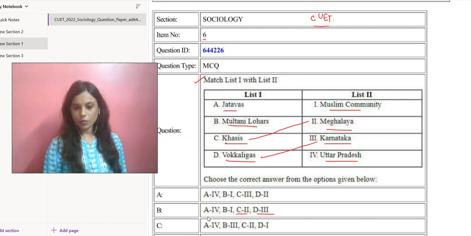So yes, we can go with this option, that is A is going with 4, that is Jatavas with Uttar Pradesh, and B with 1, that is Multani Lohars with the Muslim community. Okay, yeah, this would be the correct answer. Let's move over to the next question now.